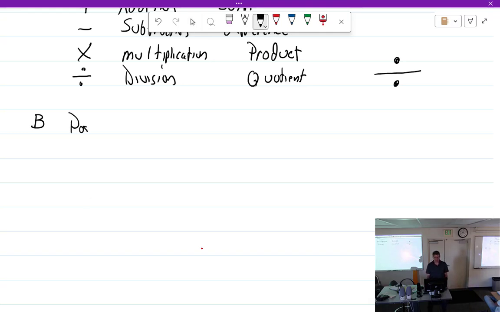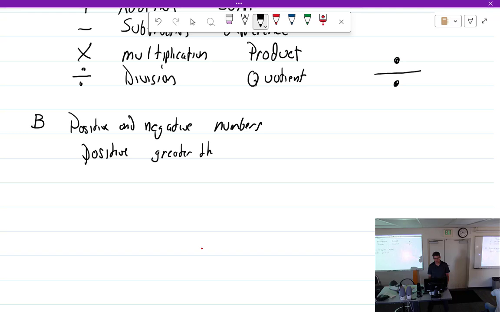Positive and negative numbers. Well, positive numbers are all greater than 0. Of course, I would make a 0 like that, so you know it's not an O. And we could shorthand that like this.